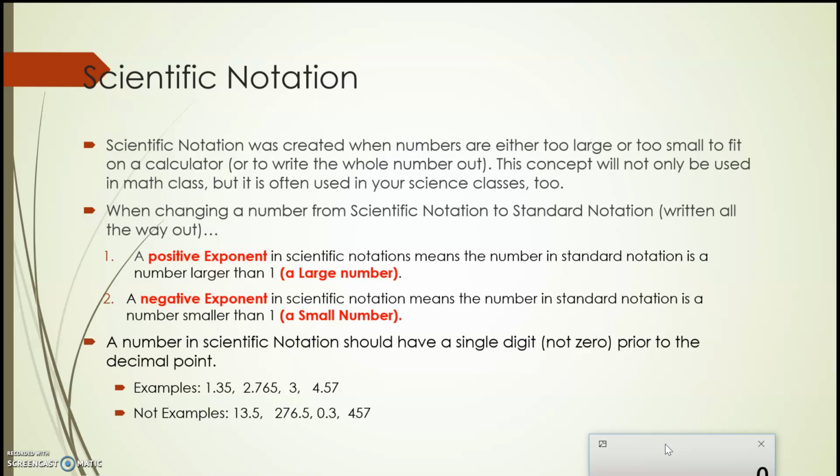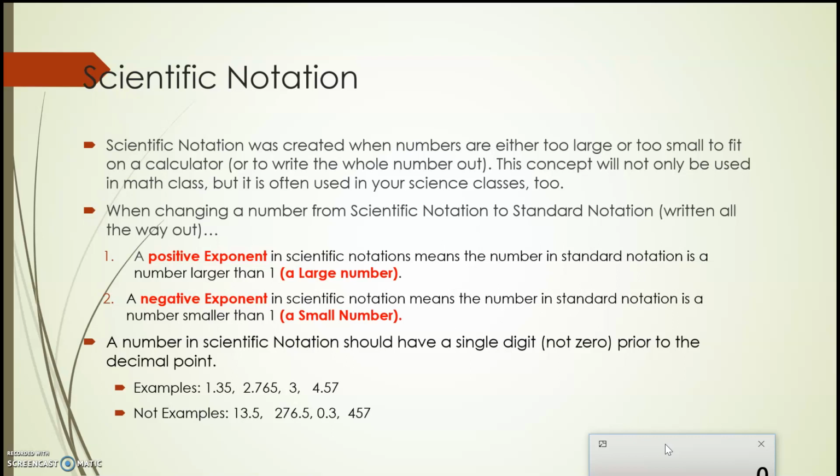Also, if you don't feel like writing out really, really big numbers, that's when you use scientific notation. Or really, really small numbers as well. It's either really big numbers or really small numbers. This concept could possibly be used not only in your math class, but it's also often used in science classes. Hence the reason scientific notation.